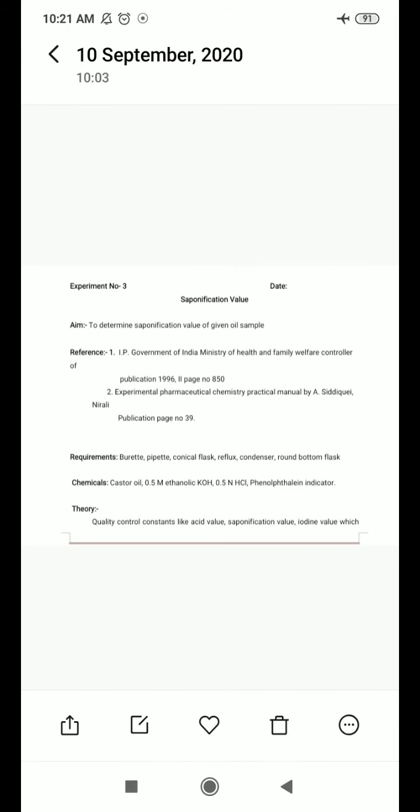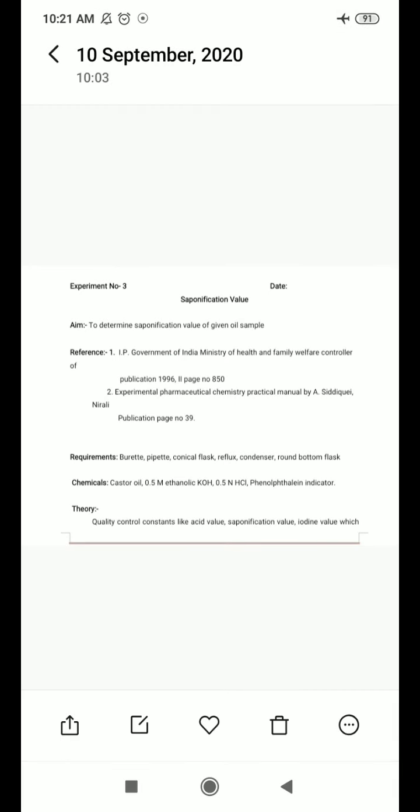At least 5 oils should be mentioned. For any 5 oils you have to search for and mention the standard saponification value.